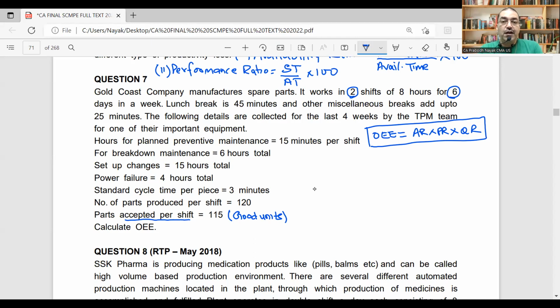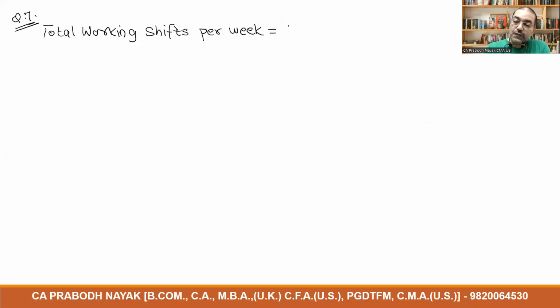So total working shifts per week is 2 shifts into 6 days, 12 shifts per week.